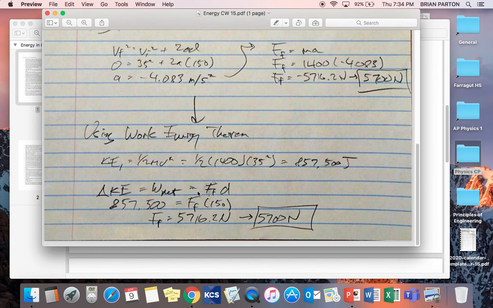Well, what's the only thing doing work here? It's the friction force, and that friction force is happening over a distance. So my change in kinetic energy, I went from 857,500 to 0. That's my change in kinetic energy, and then my distance is 150. So again, solving for my frictional force, I get the same thing. So there are several different ways that you can approach problems like this.